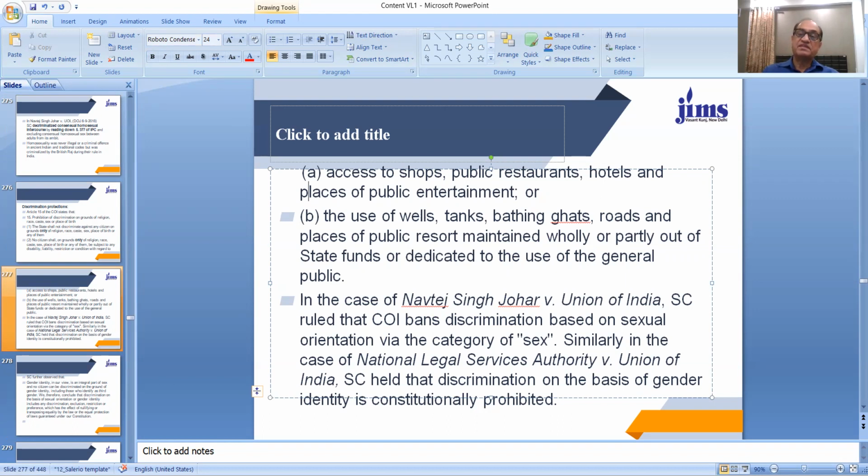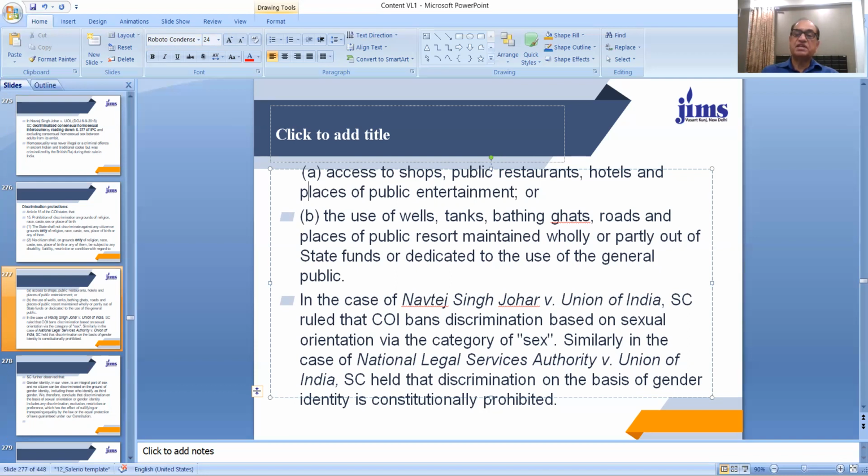In the case of Navtej Singh Johar versus Union of India, which I have just referred to, the Supreme Court ruled that the Constitution of India bans discrimination based on sexual orientation via the category of sex. You cannot discriminate merely on the basis of sex.